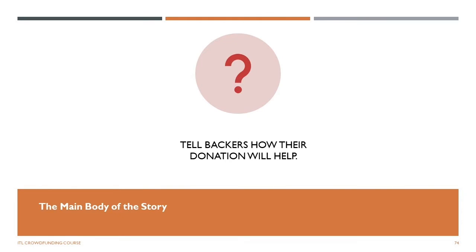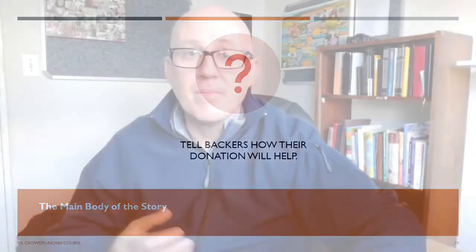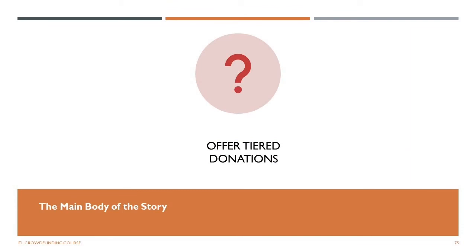Make sure you tell your backers how their donation, no matter how small, will help remove the obstacle or solve the problem your beneficiaries are facing. Here again, I urge you to think about offering tiered donations. Here you're providing a range of options from very small amounts to very large amounts and explaining how each option helps solve a problem or remove an obstacle faced by your beneficiaries.